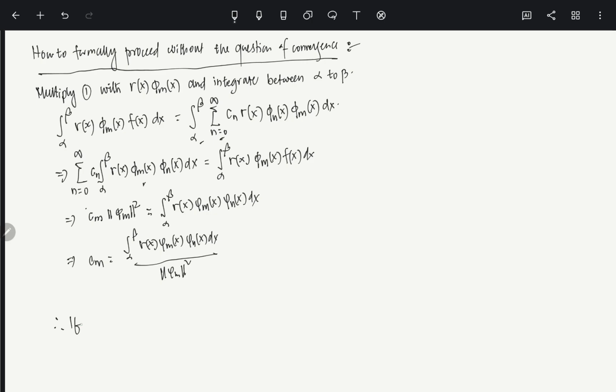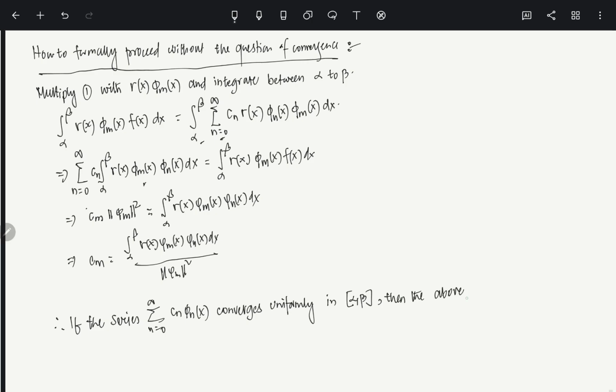If the series, summation n equals 0 to infinity cn phi n of x, converges uniformly in alpha beta, then the above procedure is justified.